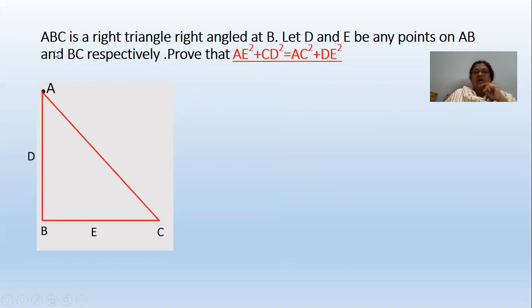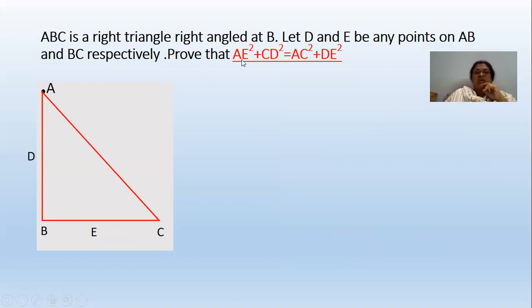So you have to read the question one or two times. What is given here? It is a right angle triangle, and the right angle is at B. So you have to locate the right angle at B at this point, and D and E are any points on AB and BC like this.